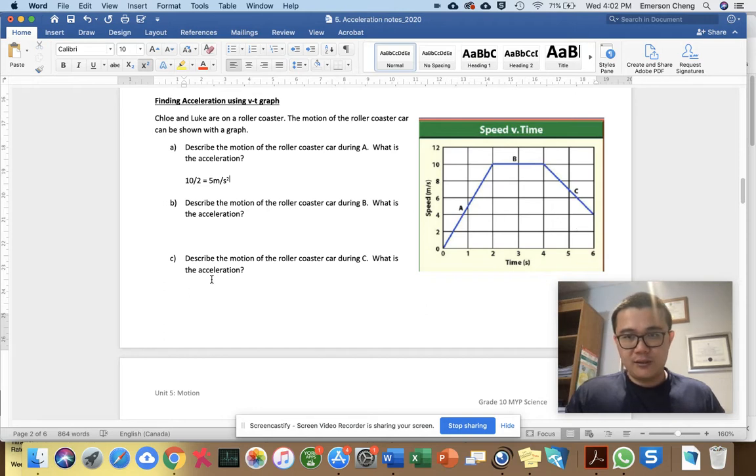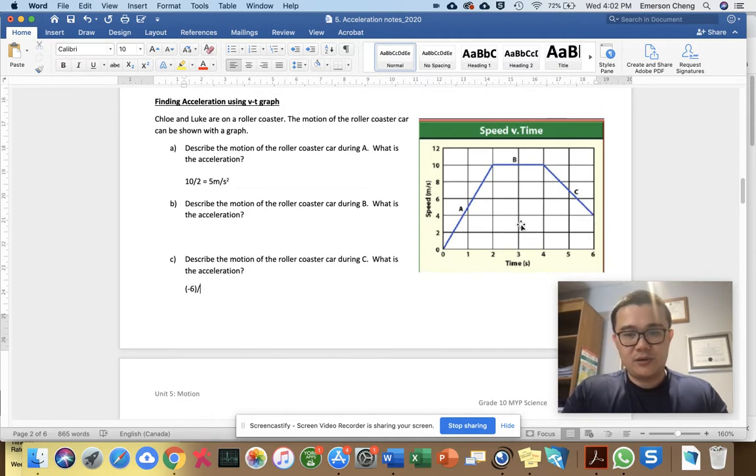So 4 minus 10 will give you a minus 6. Okay, minus 6. Now you divide by x2 minus x1, so 6 minus 4, that should give you a 2. So in this case, you have a minus 3 meter per second square. Okay.